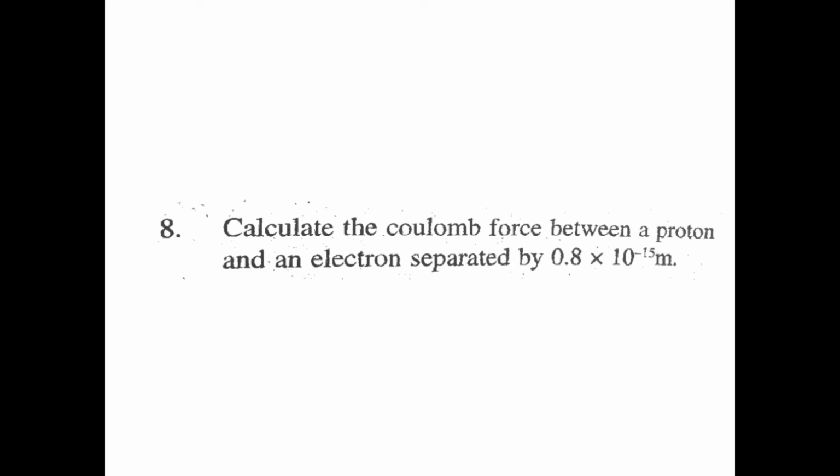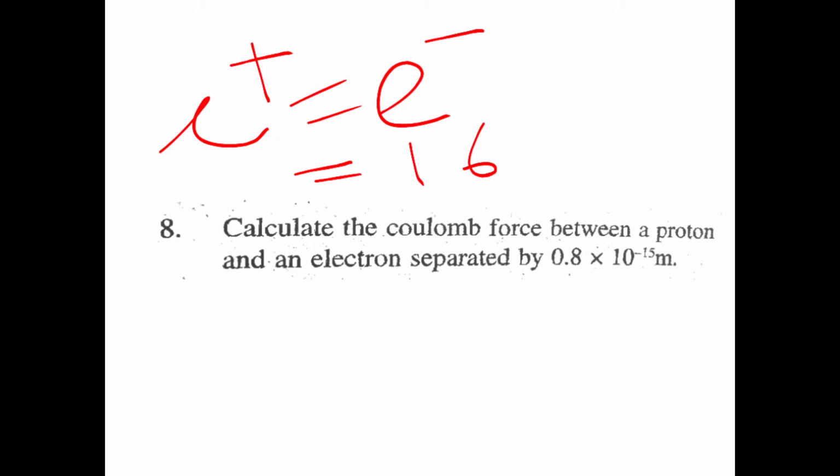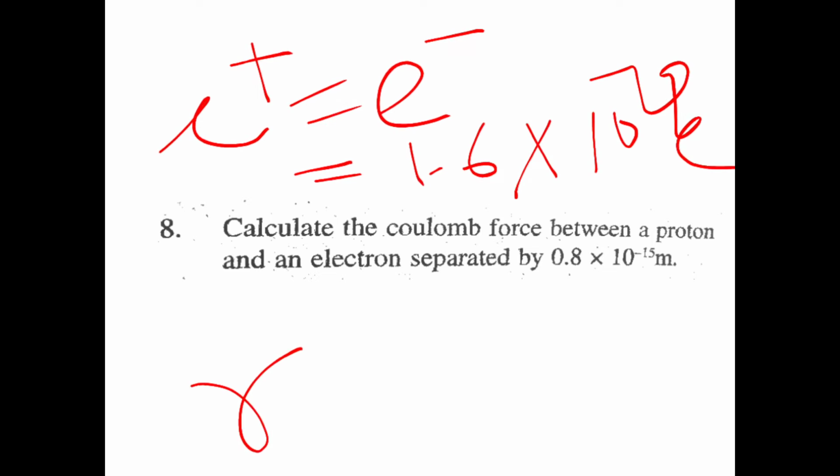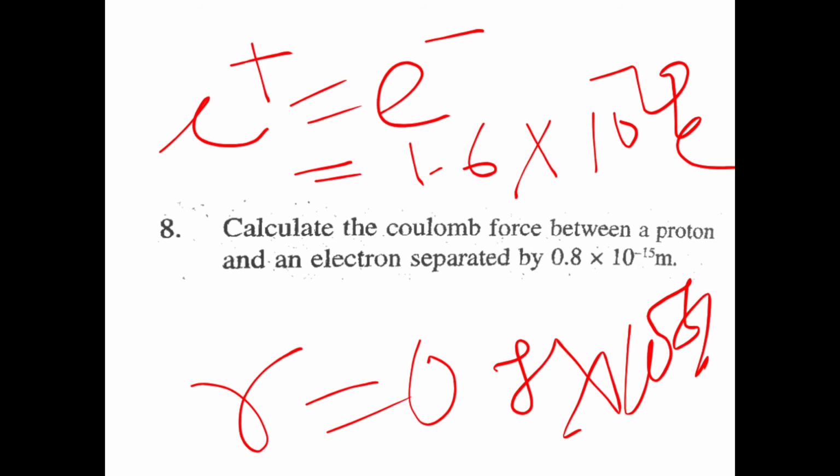Next, calculate the Coulomb's force between the proton and electron separated by this distance. Here the magnitude of the plus charge is equal to the minus charge, that is 1.6 into 10 to the power minus 19 coulomb. They are separated by distance R equal to 0.8 into 10 to the power minus 15 meter.